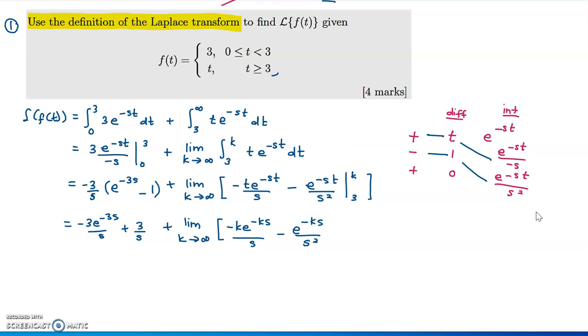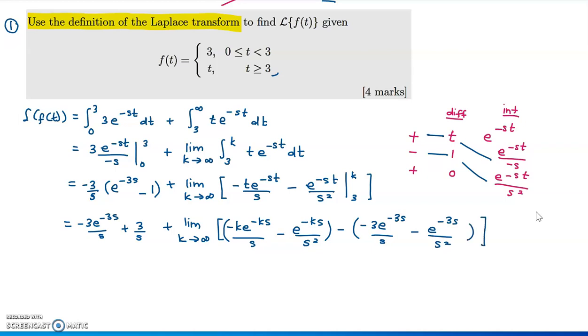So this is when t equals k, minus when t equals 3, where we have negative 3e^(-3s) over s minus e^(-3s) over s squared.